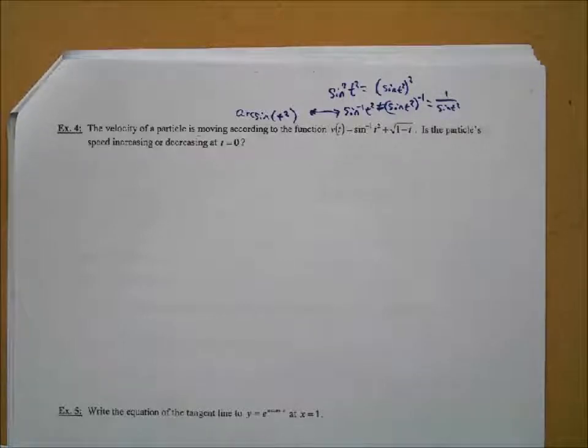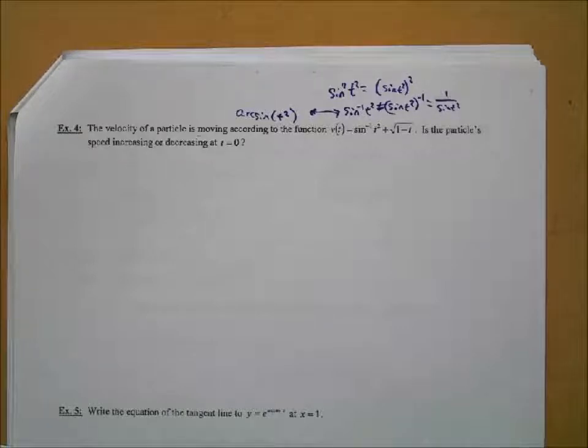So going back to our question, though. We have the velocity, and we want to determine is the particle's speed increasing or decreasing at time t equals 0. So how do we determine when a particle's speed is increasing or decreasing? How do we do that, Lander?